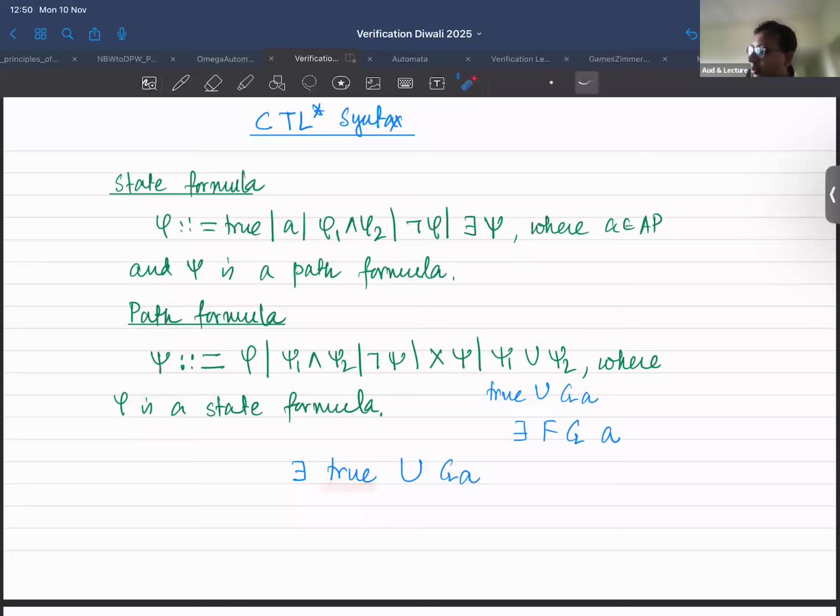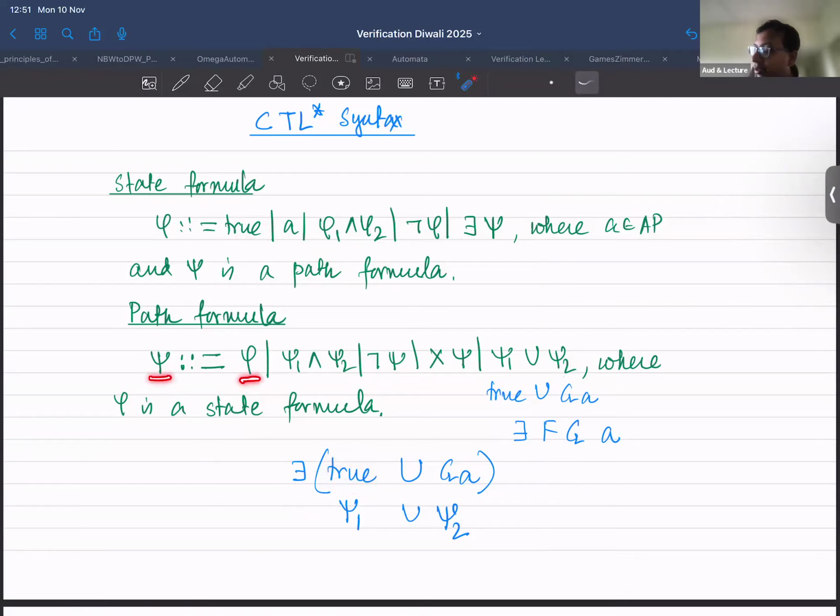This is a state formula, right? There exists, after that I'm saying this is true. So there exists psi. So I have phi 1 until psi 1, and this is psi 2. Now how can psi 1 be a state formula? It is perfectly okay here, since a path formula itself can be a state formula. So you apply this rule, and hence you get true as a state formula, right?